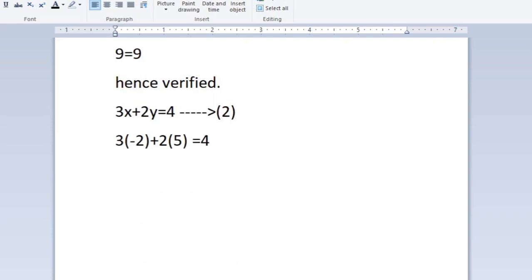Now come to LHS. 3 of minus 2 gives plus into minus. Minus 3 twos are 6 plus 2 fives are 10. Therefore, minus 6 plus 10 is nothing but 4. 4 is equal to 4. Therefore, your answer is verified.